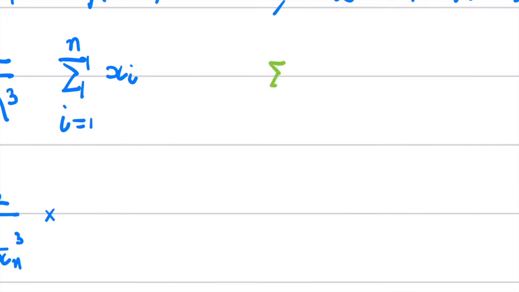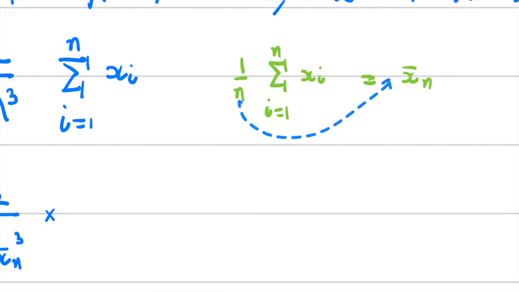And on the side here, remember that 1 over n of the sum from i equals 1 to n, by definition, was equal to the sample mean. So, in other words, if I take this n and multiply it across to that side, the sum of xi's is equal to n x bar.